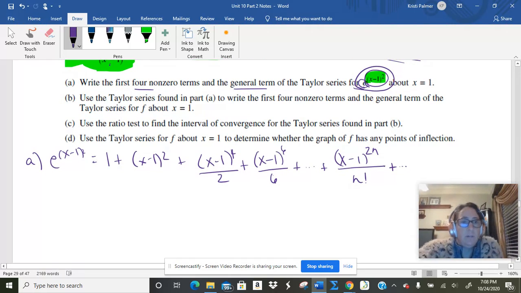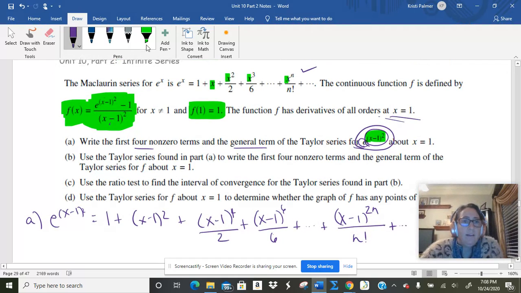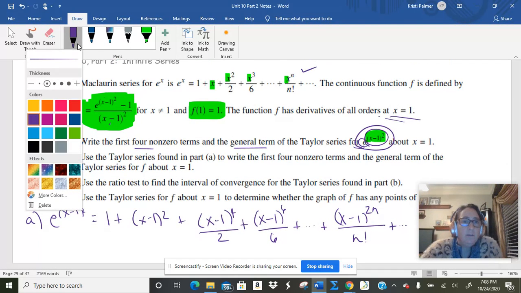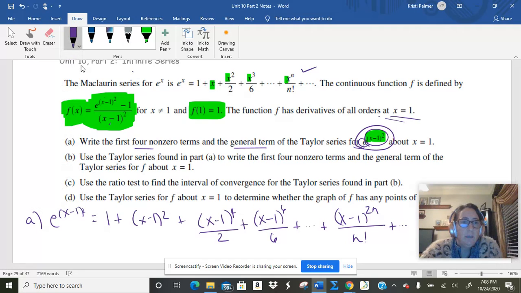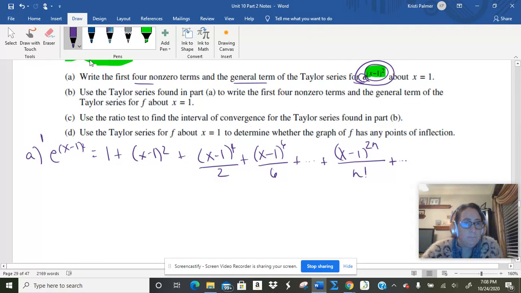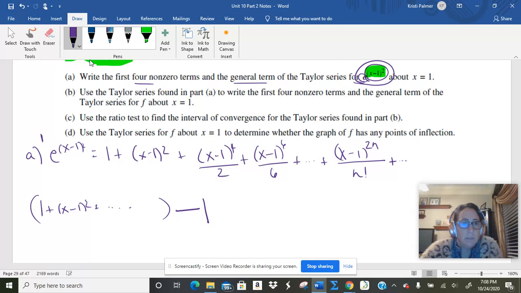Now it wants me to do f. Okay, so here in f, we just found this piece. That was the first step. Then it says subtract 1. So we're going to take what we had, and it said first go subtract 1.